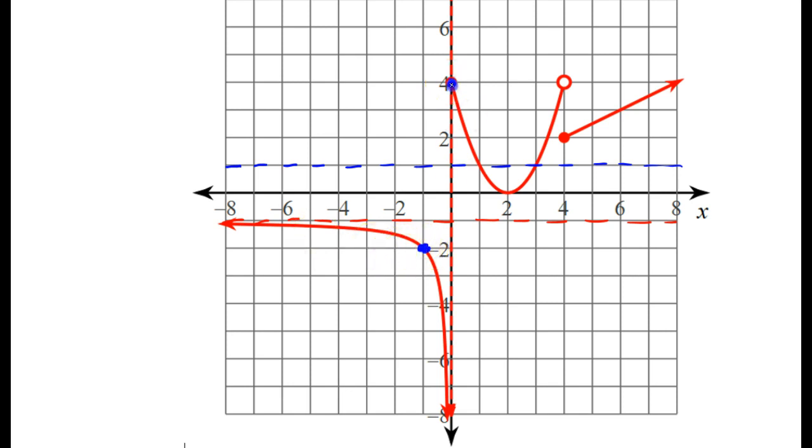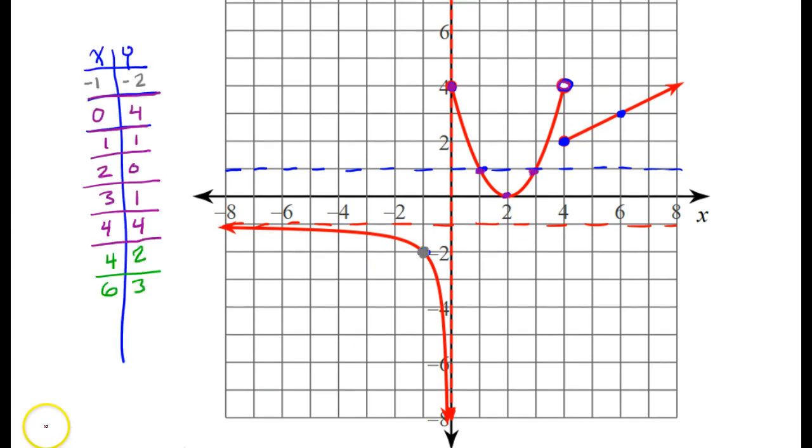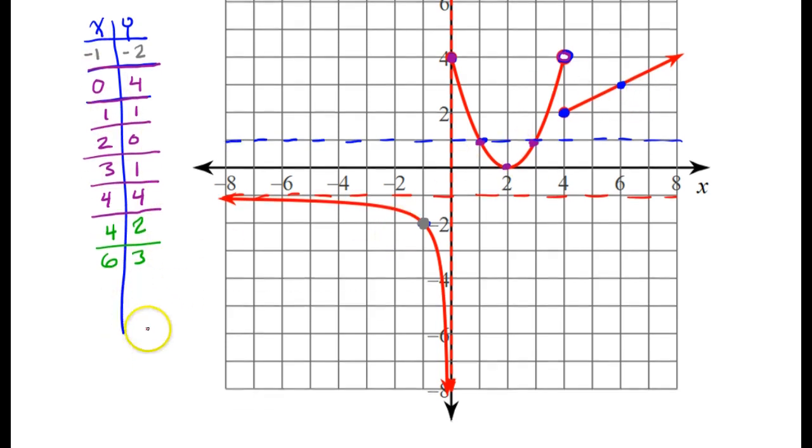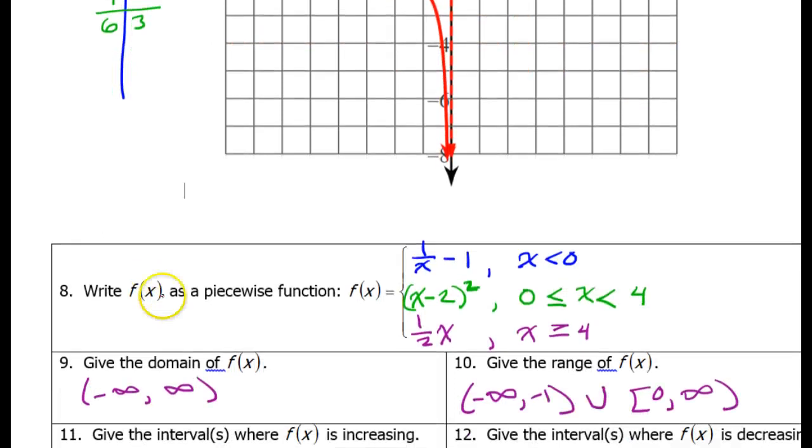And then I will do this point, and this point, and this point, and this point, and this point, and this point. Those are the points I'm going to use for my transformation. Here's a list of those critical values that I just mentioned. So now it's time to do my transformations.